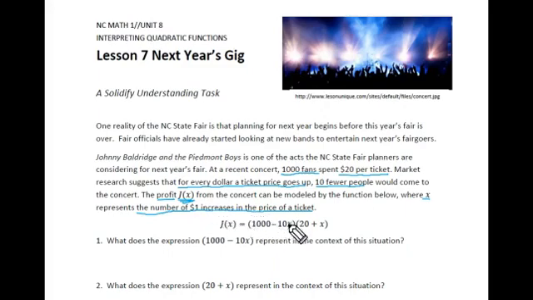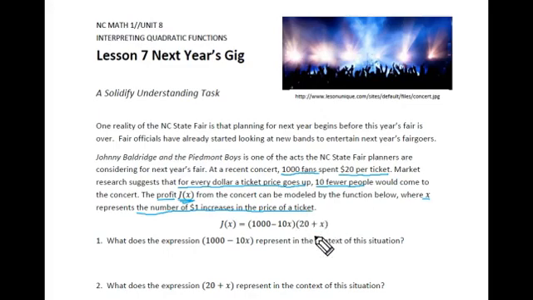So for every time we raise the ticket price $1, we're going to subtract 10. So we're going to be repeatedly subtracting 10 every time we raise the ticket price by $1. That's our x. So the minus 10x term represents how many fewer people are attending the concert from the original 1,000 people based on how many times we've raised the ticket price $1. So altogether, this linear factor represents the new number of people that they would expect to attend the concert based on how many times they've raised the ticket price.